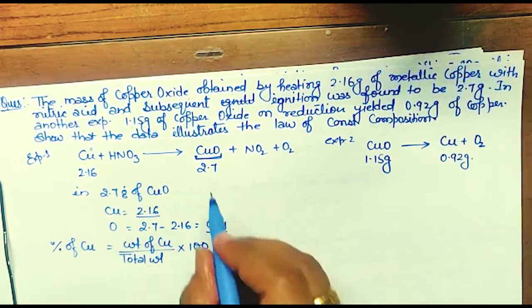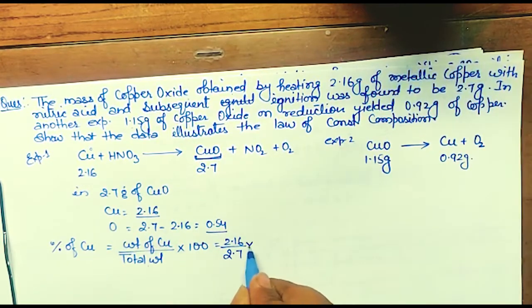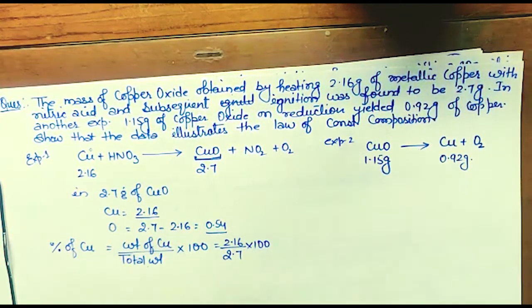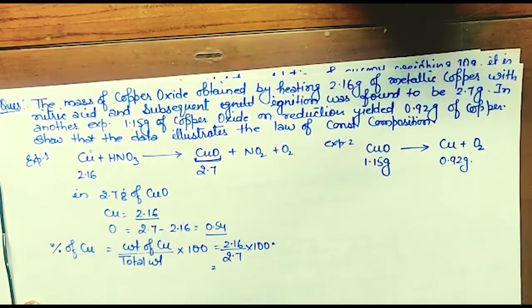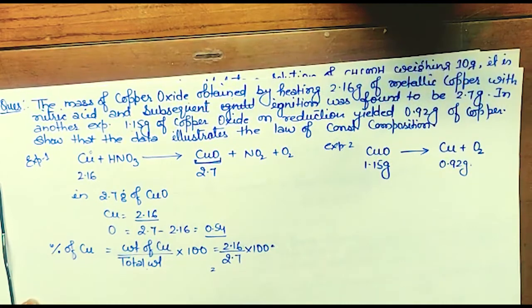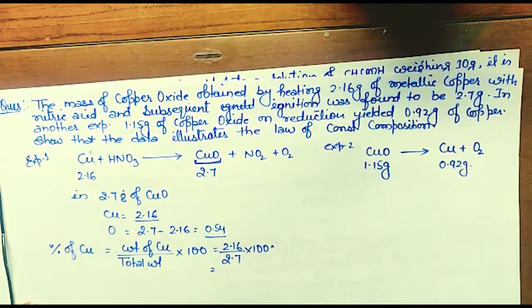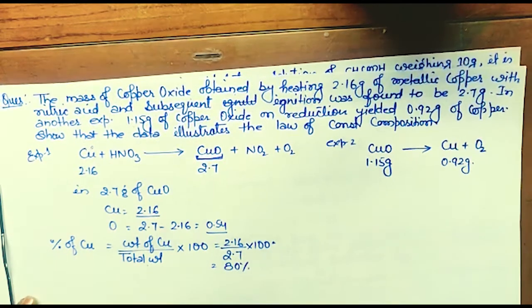And divided by total weight 2.7 multiplied by 100. So I'm using a calculator, but you are supposed to do it on your own. This is coming to 80%. Yes.